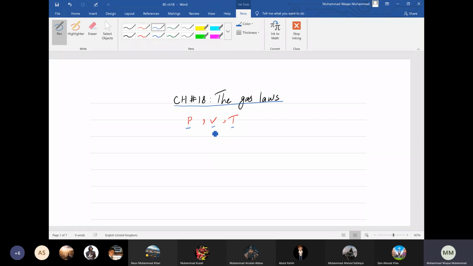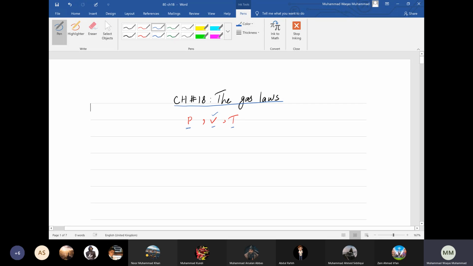So basically, the volume of the container the gas is in is the volume of the gas. Now you understand what we mean by the volume of gas?